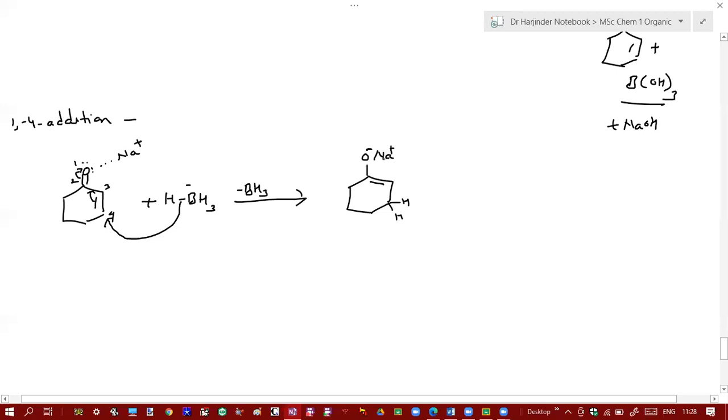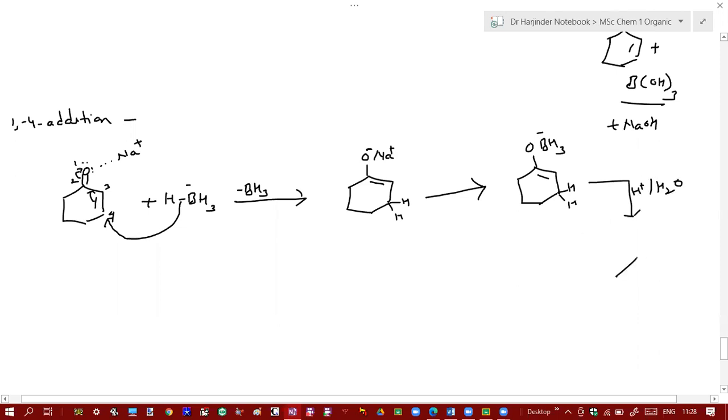So this O negative will react with this BH3 to give rise to the negatively charged borate. After that, what will you do? Hydrolysis.